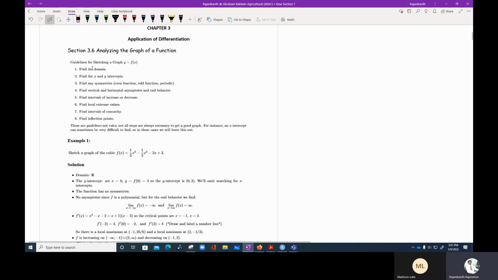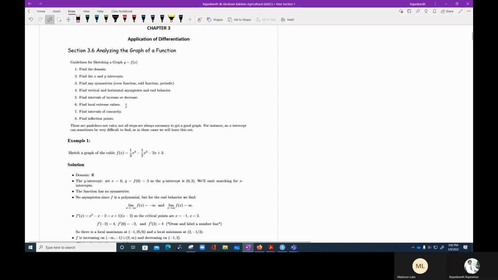So first of all, identify the domain if you are given a function f(x). Then find x and y intercepts and look for any other symmetry, like even function, odd function. Then number 4, check whether there are any vertical or horizontal asymptotes.